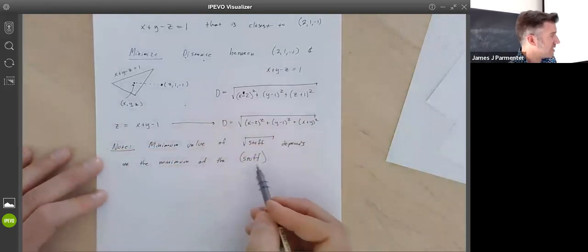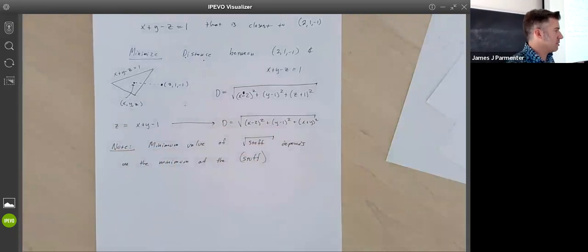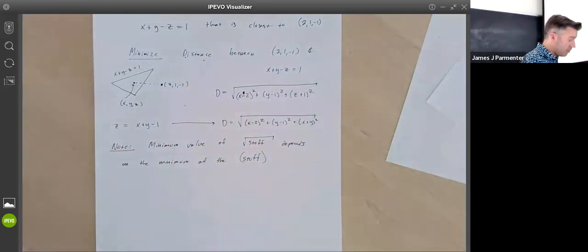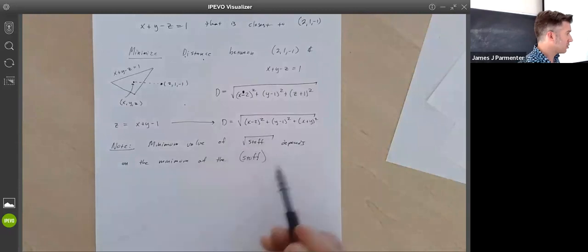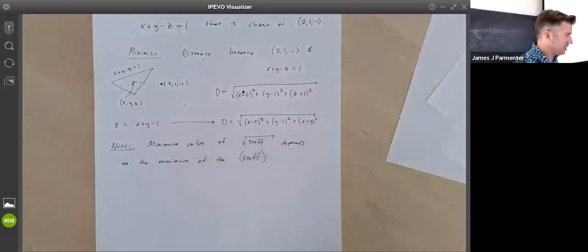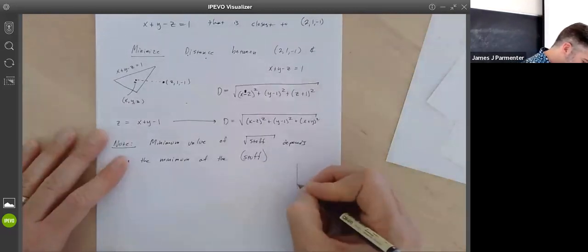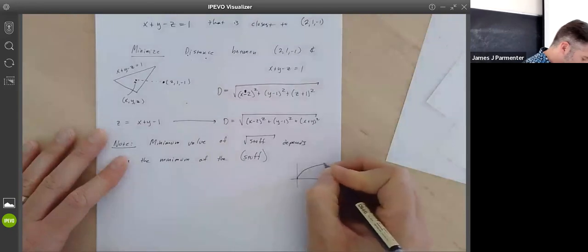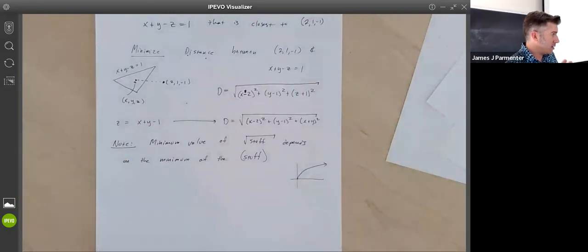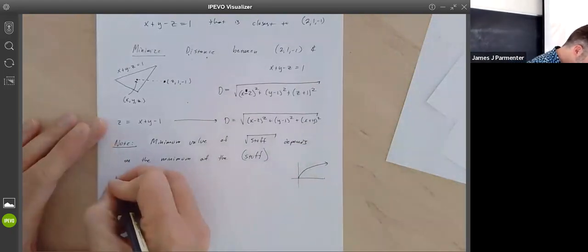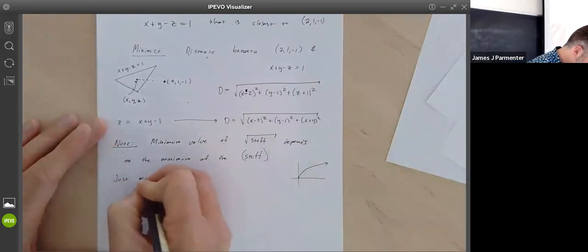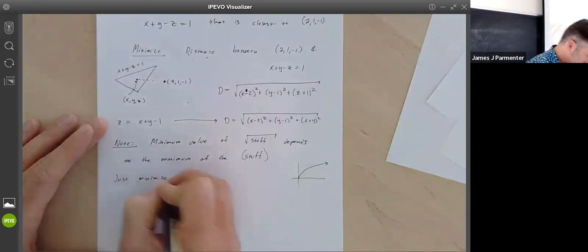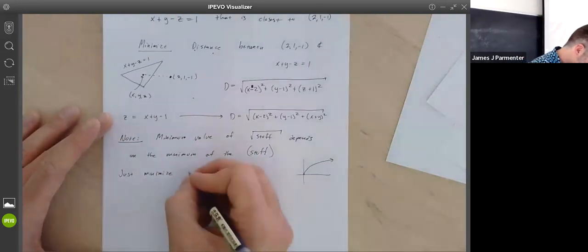If you make the inside part as small as possible, assuming that it's still positive, you're going to make the square root of it as small as possible. And really it's just because the square root function is an increasing function. So if you make the input as far left as possible, you're going to make the output as far down as possible. It's really nice. What this means is we can instead just minimize the square of the distance.